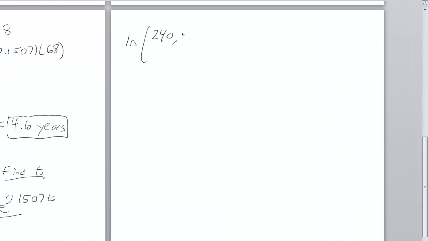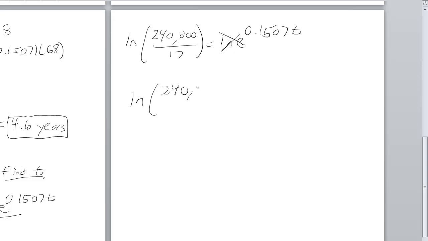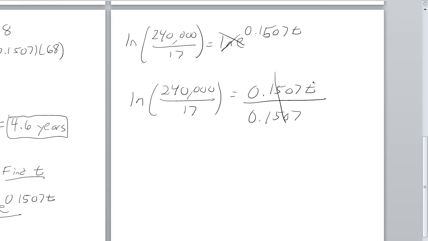So the natural log of 240,000 divided by 17 is equal to the natural log of e to the 0.1507t. Those go away. So we have the natural log of 240,000 divided by 17 is equal to 0.1507t. And then we divide by 0.1507, because all we're doing is solving for t.